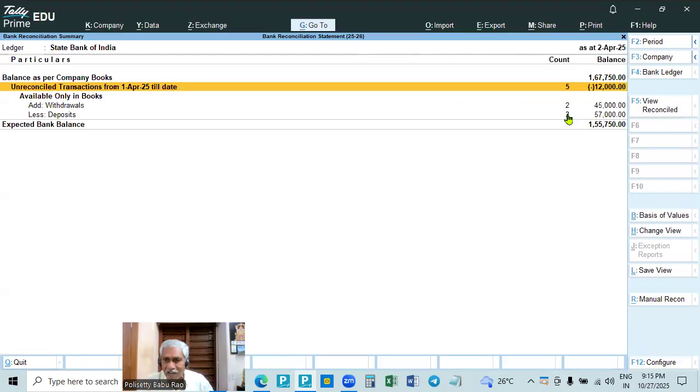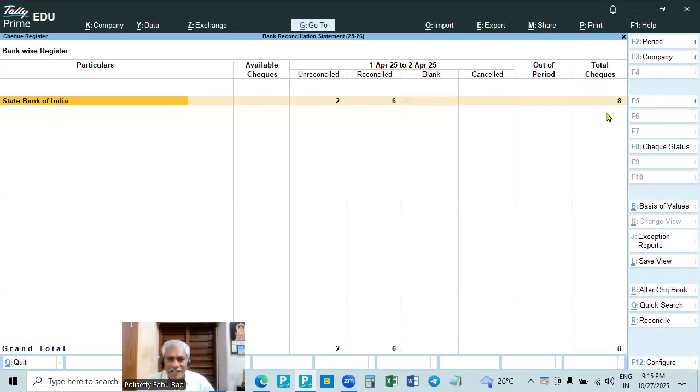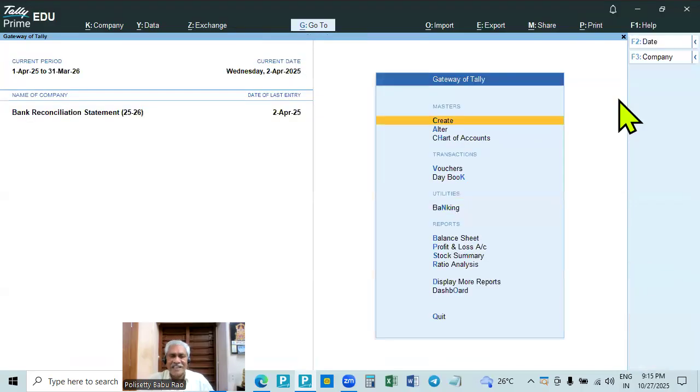There, only 5 are available, which are these two, the same two. And then if you take check register, see, 2 unreconciled, 6 reconciled, total 8 checks. Okay. So this is the bank reconciliation statement.